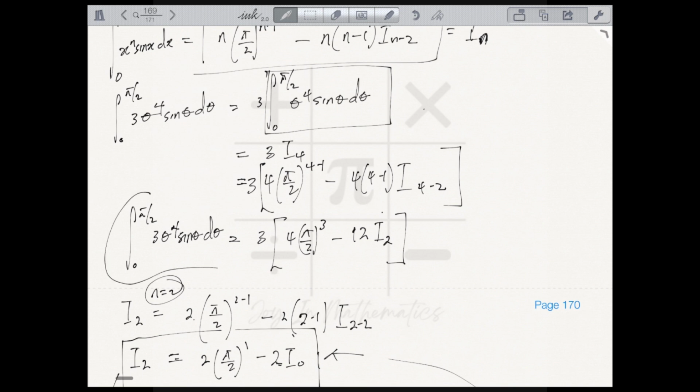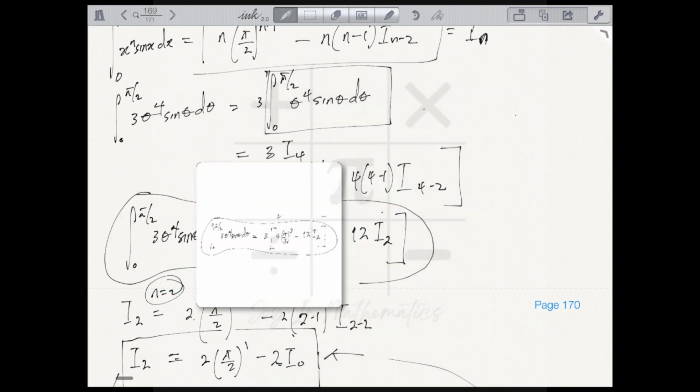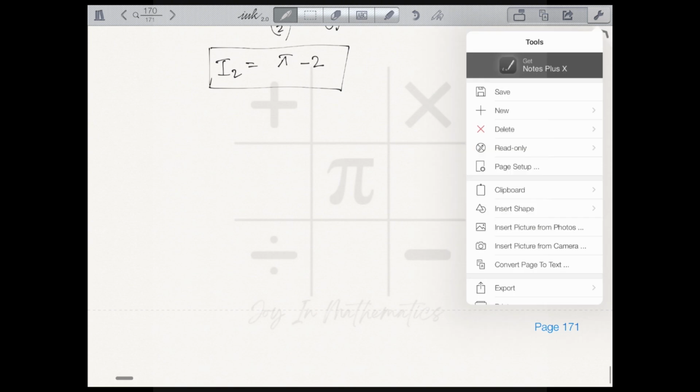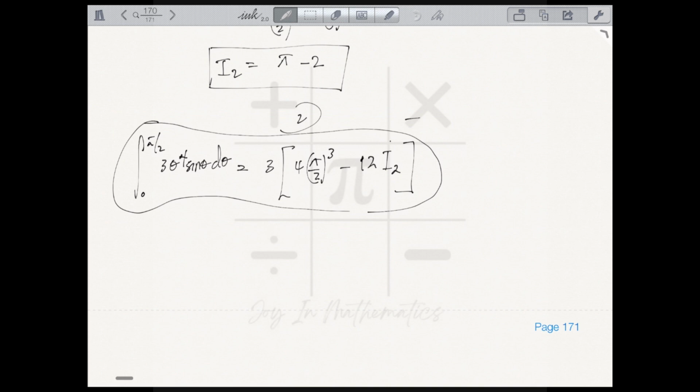So we can note this, and then we substitute our I2 into this, such that we will have 3 into 4 pi over 2 cubed minus 12 into pi minus 2.